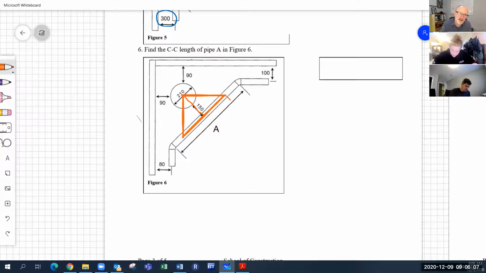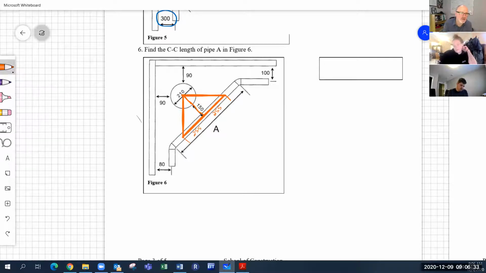So I can find out what this measurement is on the bottom here by taking half or the radius of this diameter, which is 210. So that's 105 plus 150. So this line here is 255, and this is 255.